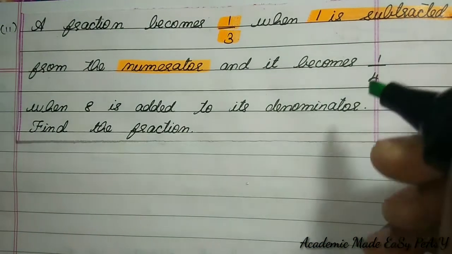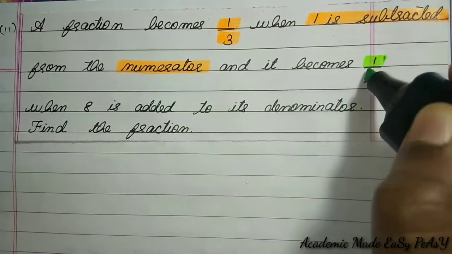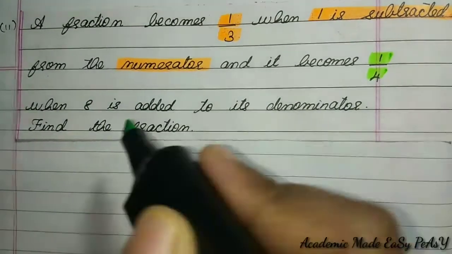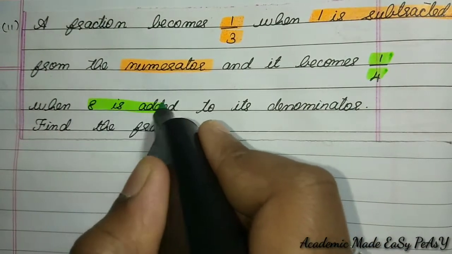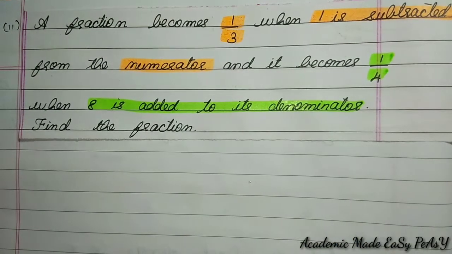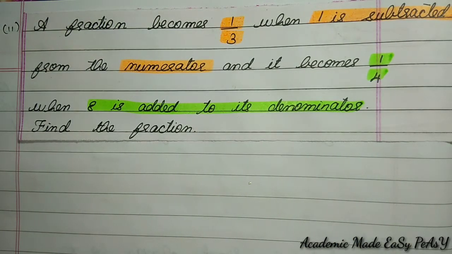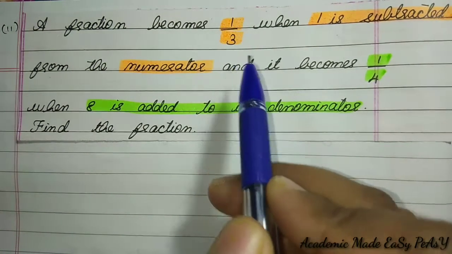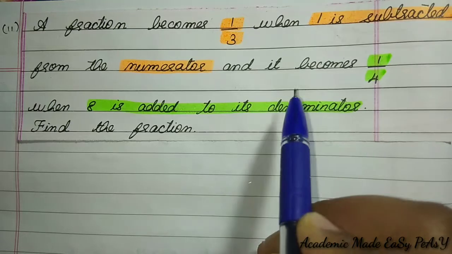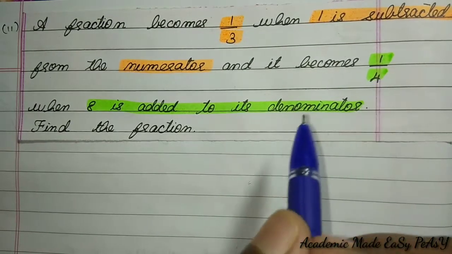Okay, and they are saying that x by y will become 1 by 4 if 8 is added to the denominator. So if we subtract 1 from the numerator, we get 1 by 3. If we add 8 to the denominator, we will get 1 by 4, it seems.